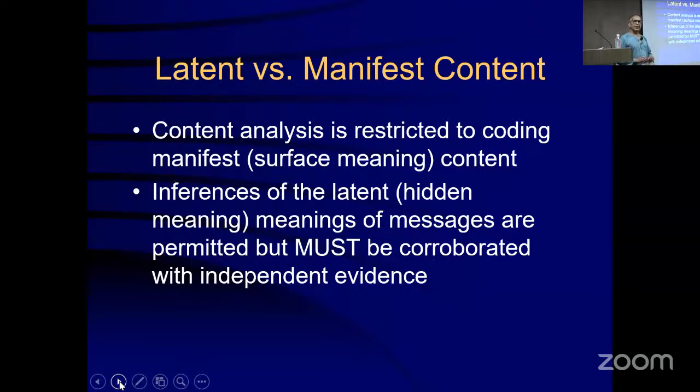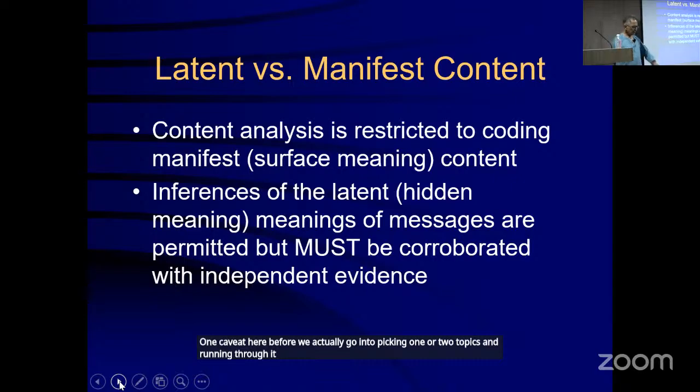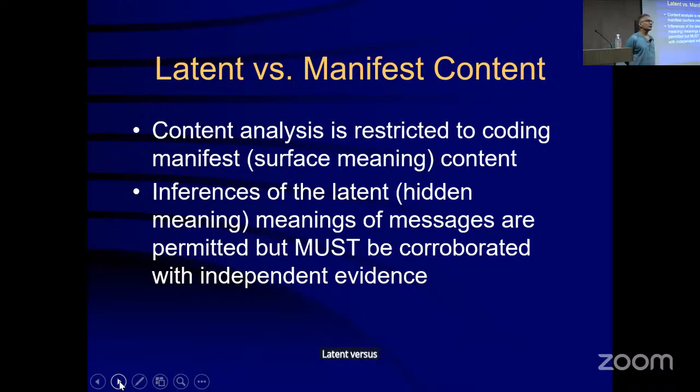One caveat here before we actually go into picking one or two topics and running through it. Latent versus manifest content. There are at least two main domains that we have to look at.